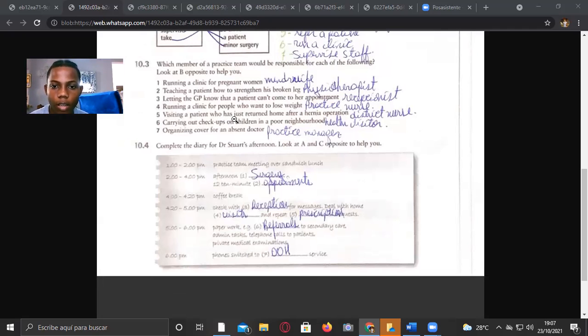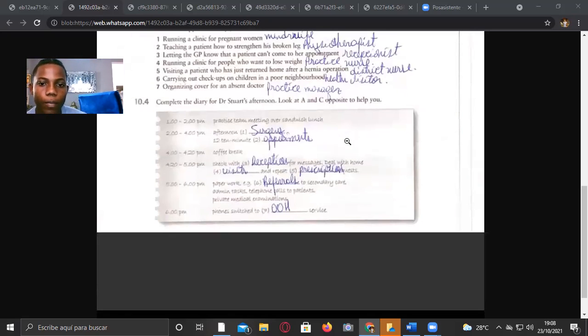Visiting a patient who has just returned home after a hernia operation, district nurse. Carrying out checkups on children in a poor neighborhood, health visitor. Arranging cover for an absent doctor, practice manager.